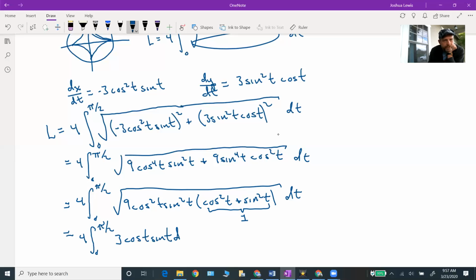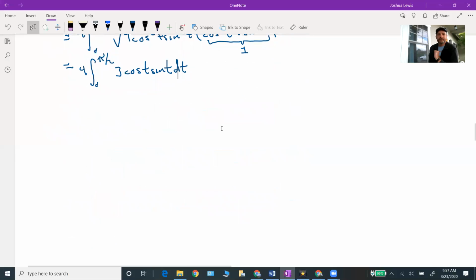sine t dt. And this is a lovely problem you might even see in a Calc 1 course, because I can just bring that 3 out if I want. I'm not going to yet. Let's do a u-sub.